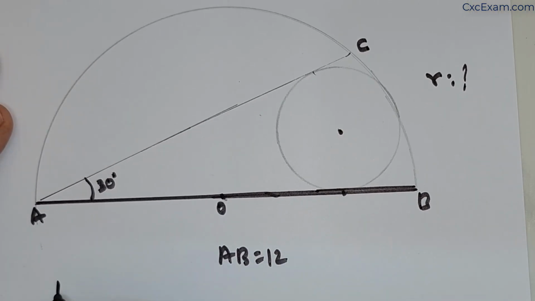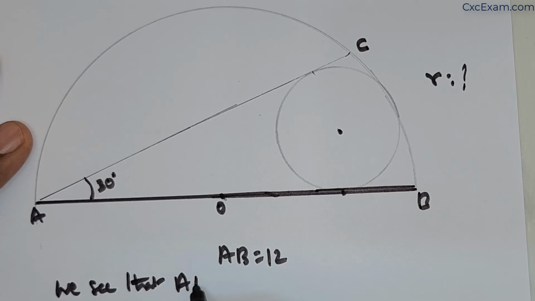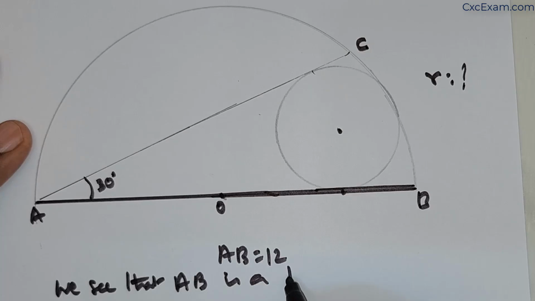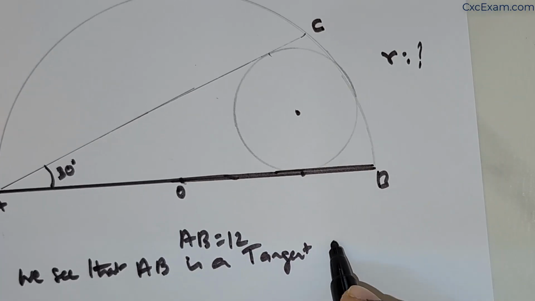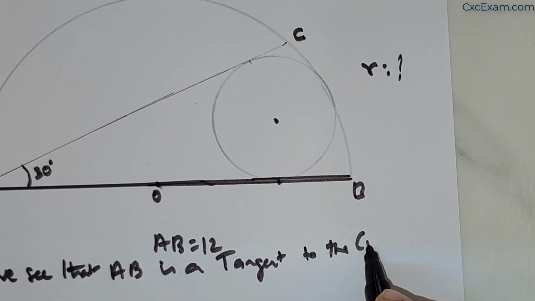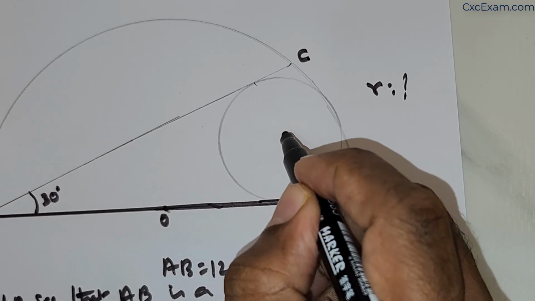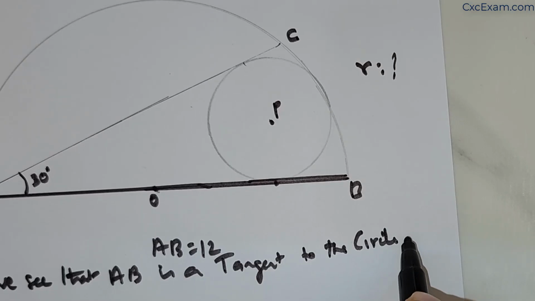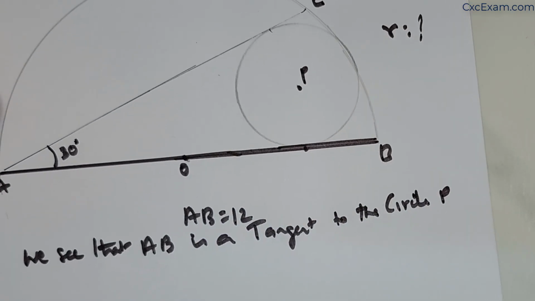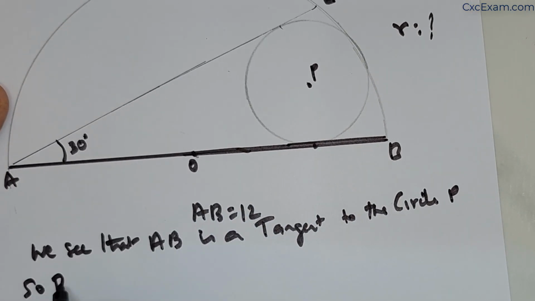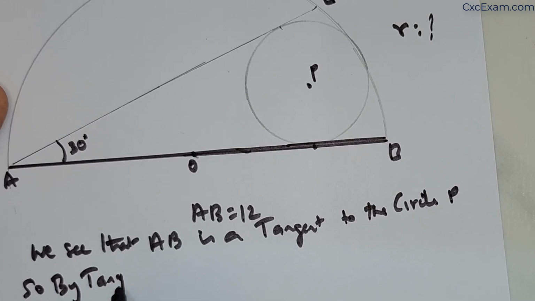Now we see that AB is a tangent to the circle. So let me give a name to the circle, P. So by the tangent theorem, so what is the tangent theorem?